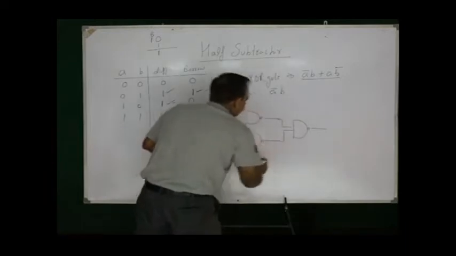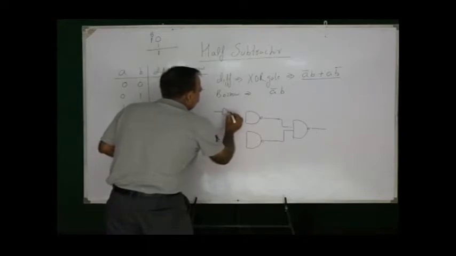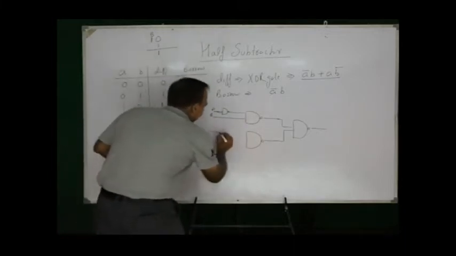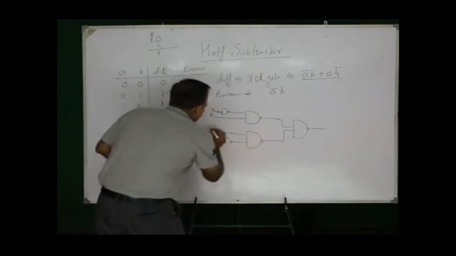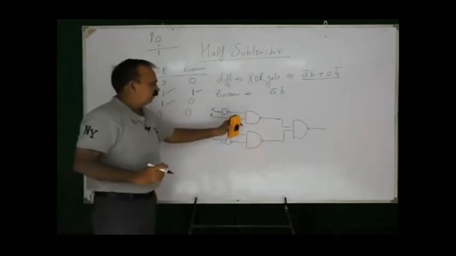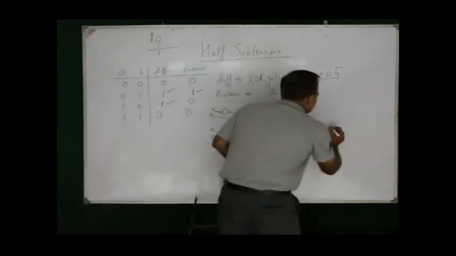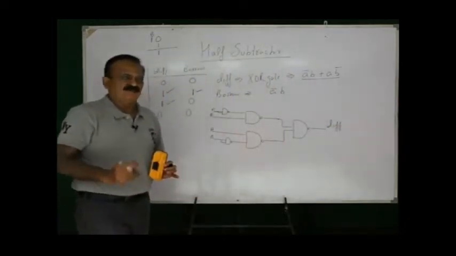The inputs will be, the first is A bar, obtained with the help of a NAND gate after connecting its inputs, and the other is B. So, A bar B, and the second one will be A and a NAND gate with connected inputs to represent B bar. So, these will be A bar B and A B bar, and this output will be representing the difference A minus B.